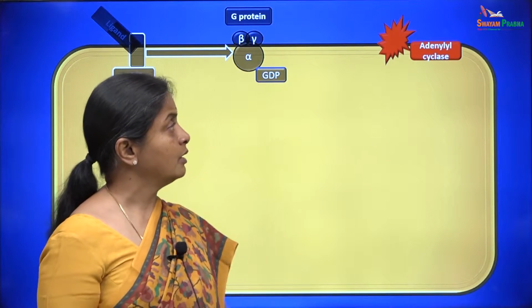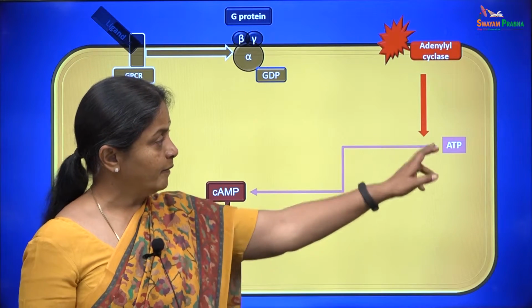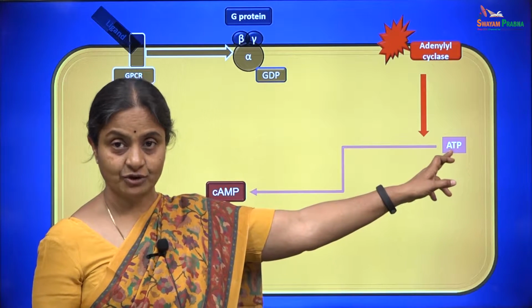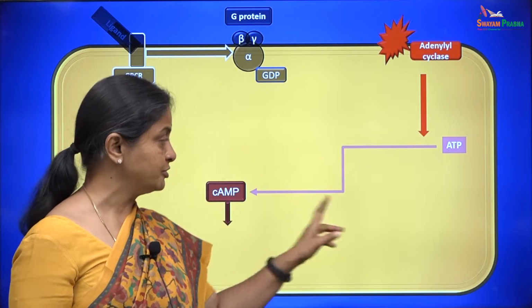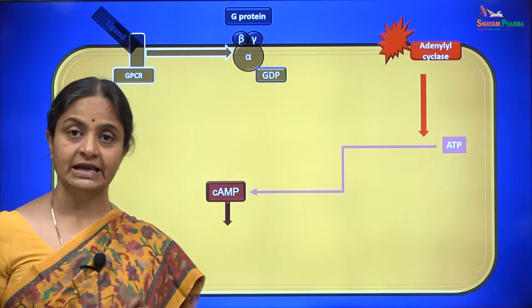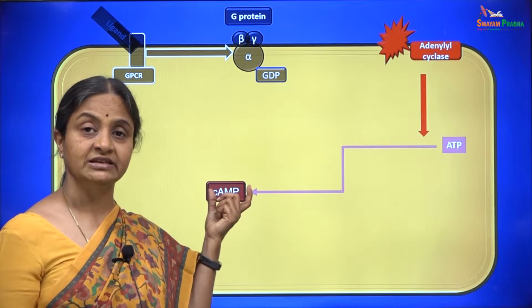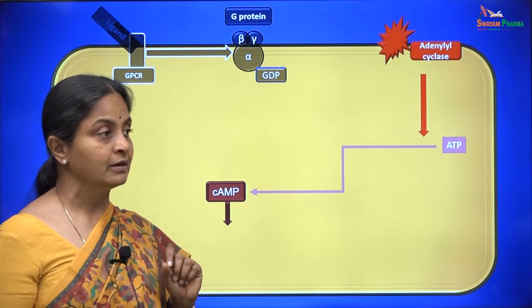What next? Once the enzyme adenylyl cyclase is activated, it will act on adenosine triphosphate within the cell to produce a molecule called cyclic AMP, or cyclic adenosine monophosphate. This is a very important signaling molecule within the cell.